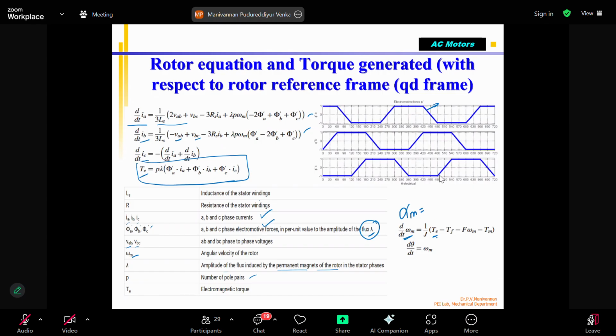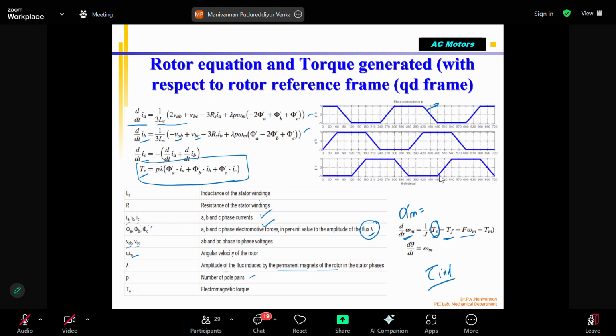This is called induced torque, tau induced, which we saw in the previous class on the induction motor. Here it is Te, the torque generated by the interaction between stator and rotor. But not all of this torque comes out at the shaft. Shaft torque is always less because of other losses. TF is called frictional torque, and you can also see F into omega m.